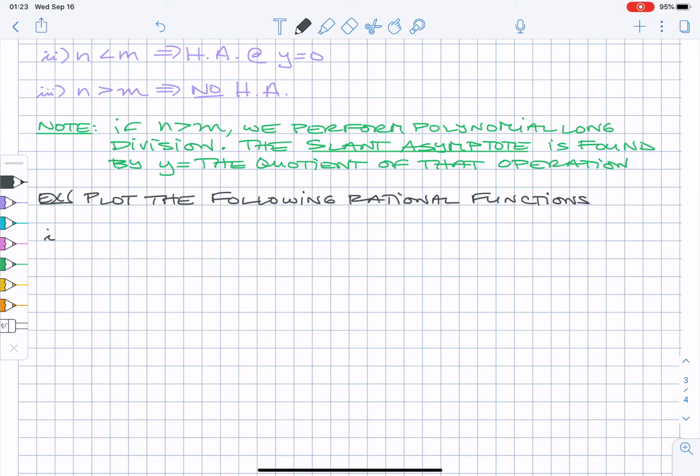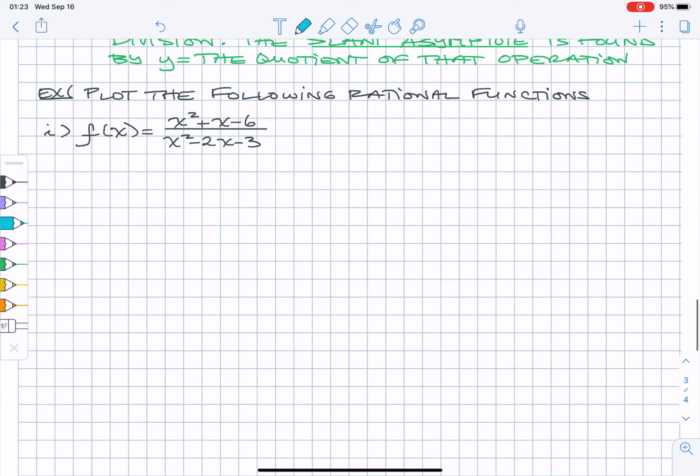Number one, let's say we have that f of x is equal to x squared plus x minus 6 divided by x squared minus 2x minus 3.